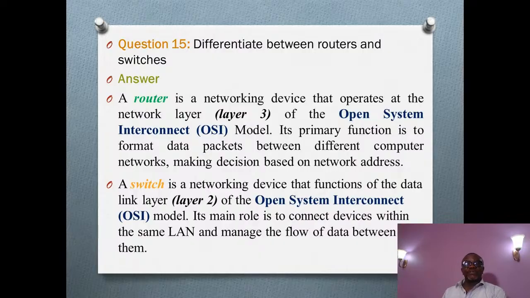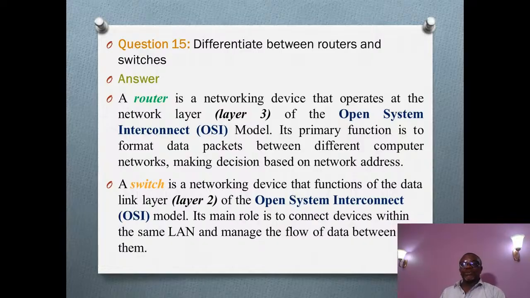Its primary function is to forward data packets between different computer networks, making decisions based on network address. A switch is a networking device that functions on the data link layer, layer 2 of the OSI model.